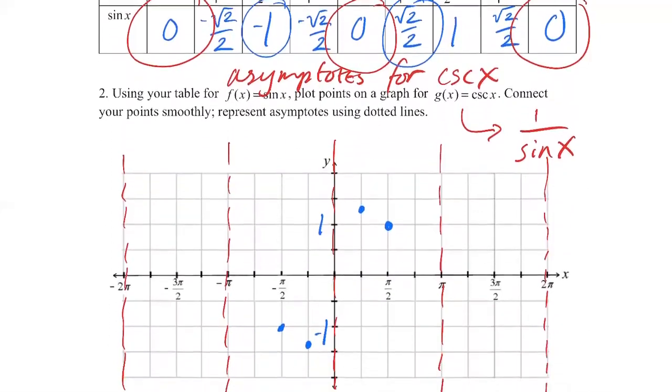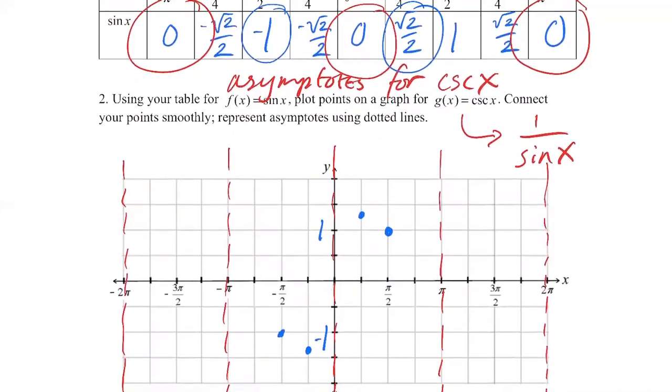If we go out to negative 3 pi over 4, we get negative root 2 over 2 again. Similarly over here, if we go out to positive 3 pi over 4, we get positive root 2. And we could again connect smoothly and complete our swoops.